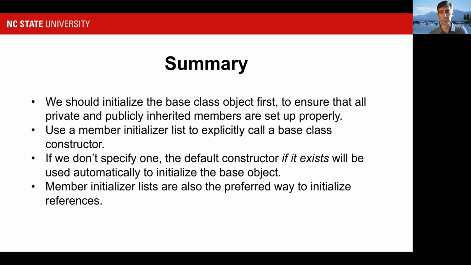If we don't specify one, the default constructor, if it exists, will be used automatically. But if there is no default constructor, that's going to lead to a syntax error. So the best thing to do is, when we implement the derived class constructor, to explicitly construct the base class in the initializer list, by specifying which constructor to call.